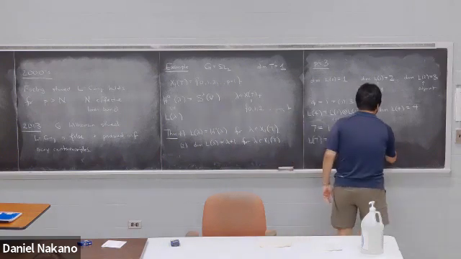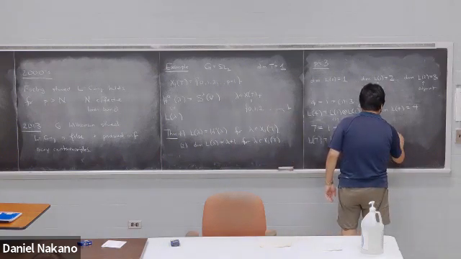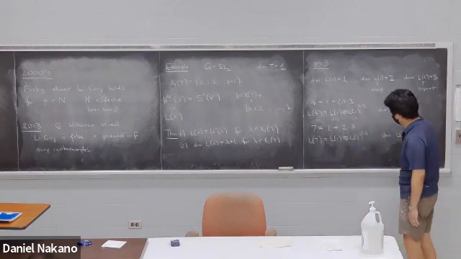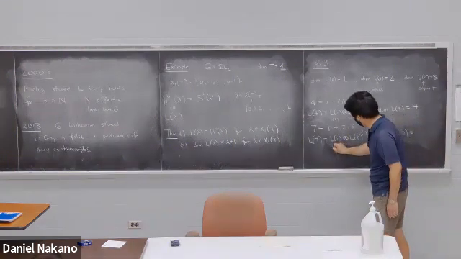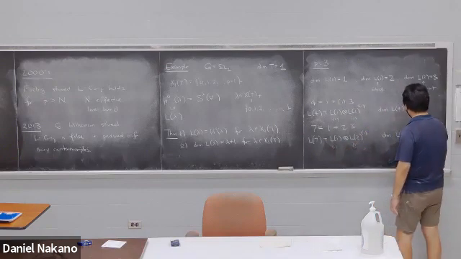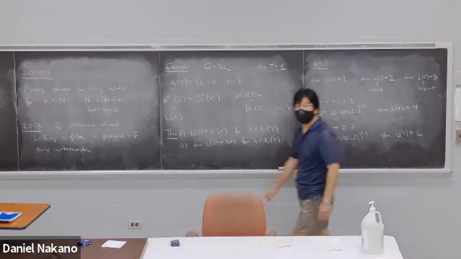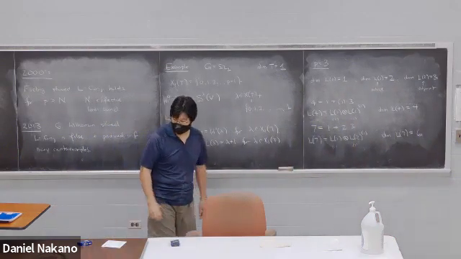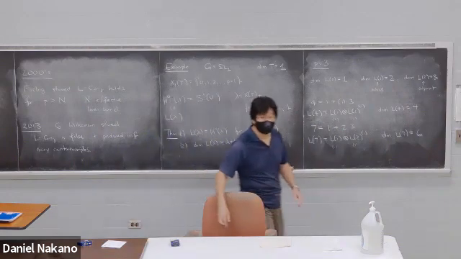So the dimension of L7 is 2 on this one, and 3 on this one, so it has dimension 6. Any questions on this?